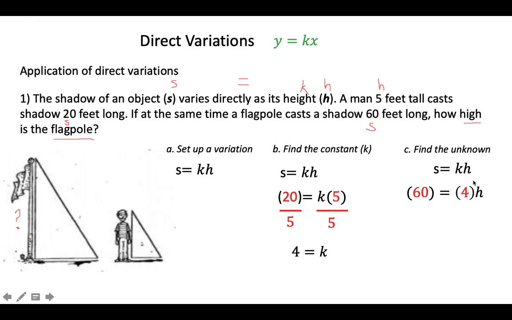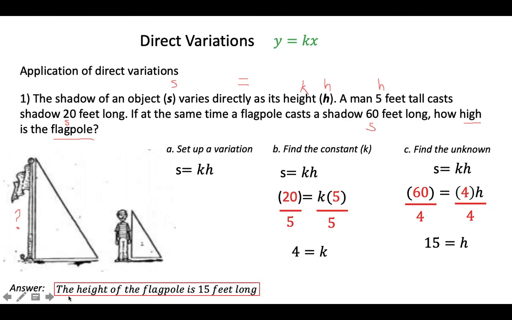Then we can find h, the height of the flagpole. To isolate h, we divide both sides by 4, so h is left. 60 divided by 4 is 15. To answer our question, how high is the flagpole? The height of the flagpole is 15 feet.